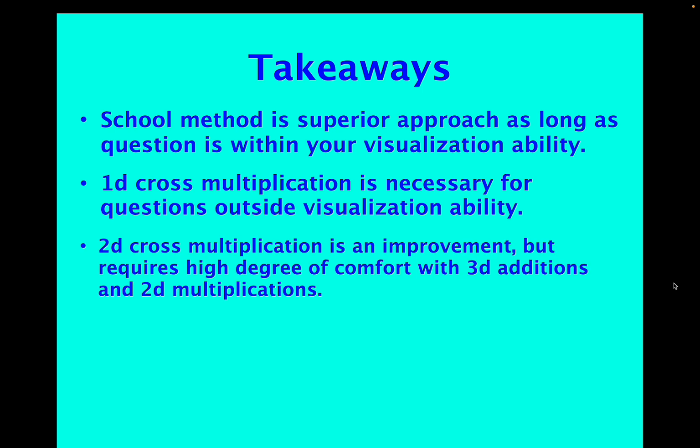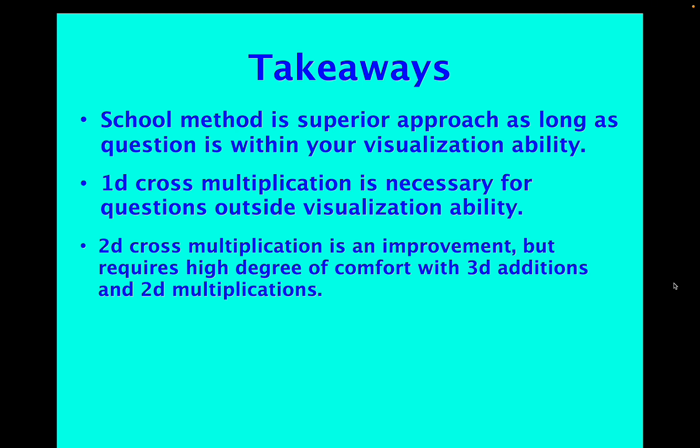However, multi-digit cross multiplication is clearly an improvement as long as you can say two things are satisfied. One, you can do three-digit additions comfortably, and two, you can do 2 by 2 multiplications comfortably. Now, if you want a really good time, with those 2 by 2 multiplications, you're essentially almost going to have to know them.